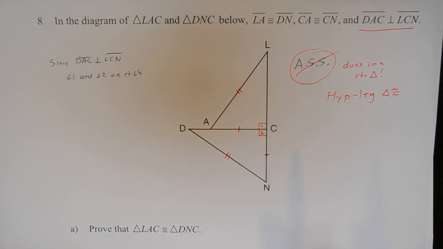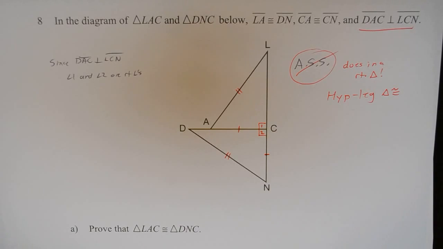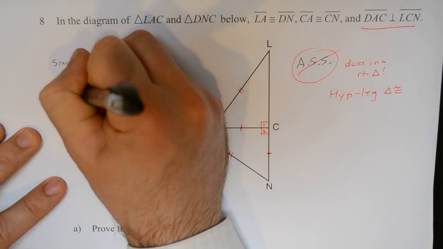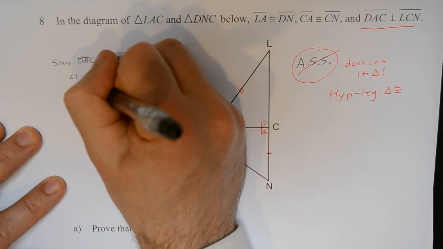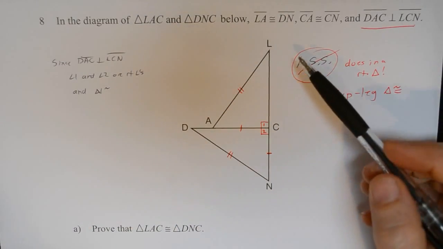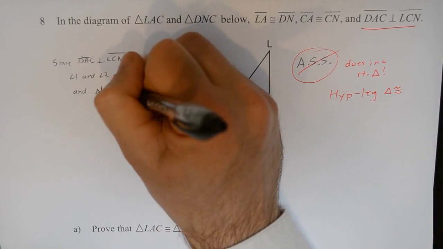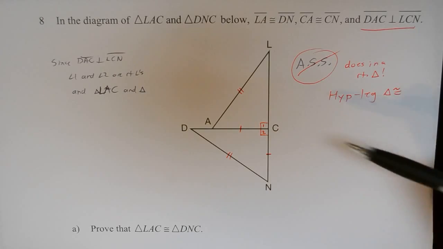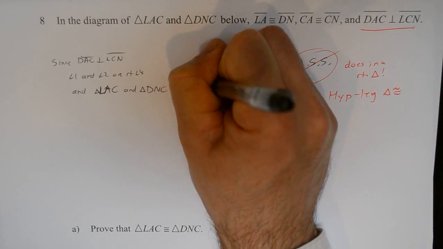So if I have angle side side, I want to look for, do I have a right triangle? And in fact, I do have a right triangle. So I'm going to be able to set this up. So let's see. Perpendicular lines give me right angles, right? So 1 and 2 are right angles. And if I call this triangle LAC, and triangle DNC, they are right triangles.